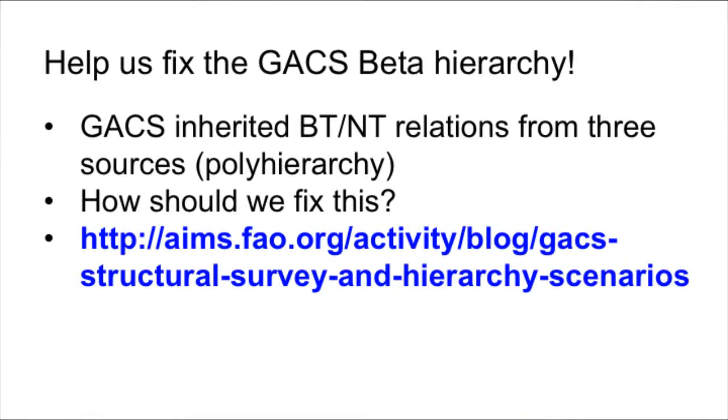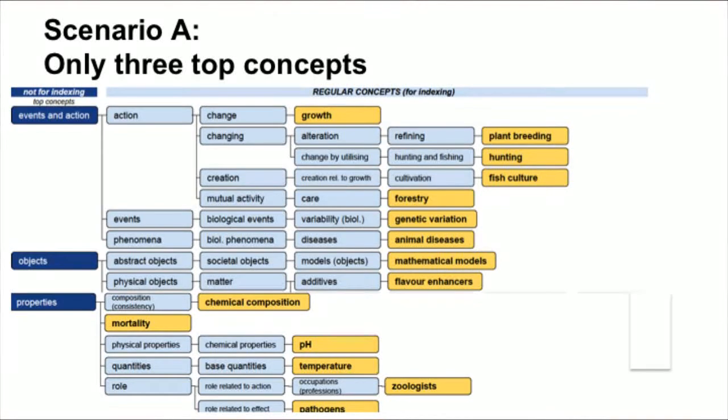I'd like to ask you to please let us know what your use cases are for GACS, and which of the three scenarios for structuring GACS makes the most sense to you. So let me just quickly go through them. Scenario A: we'd only have, say, three very broad top concepts.